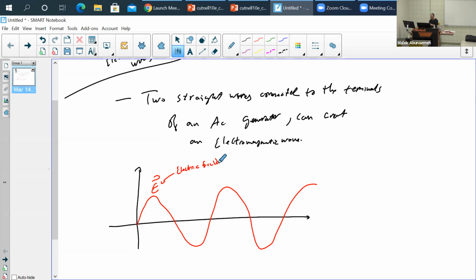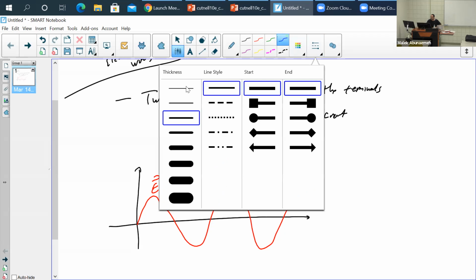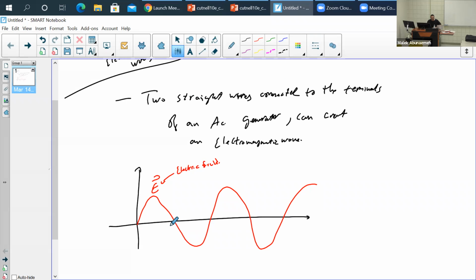Now, the electric field is gonna generate a magnetic field. This magnetic field is gonna be perpendicular to the wave. So I'm gonna try to draw it as perpendicular as I can.